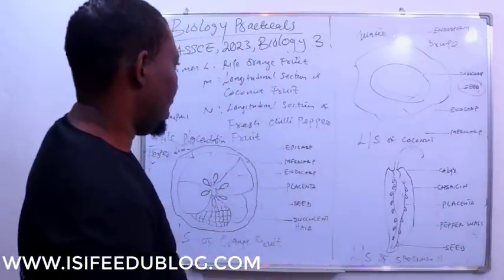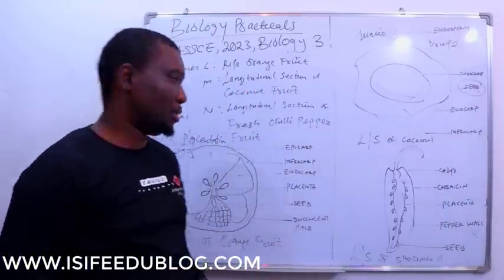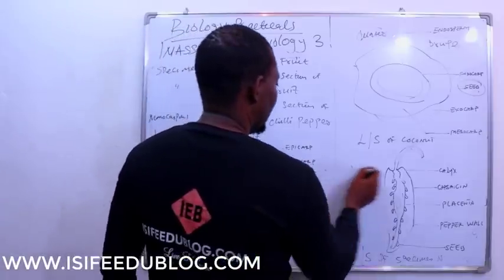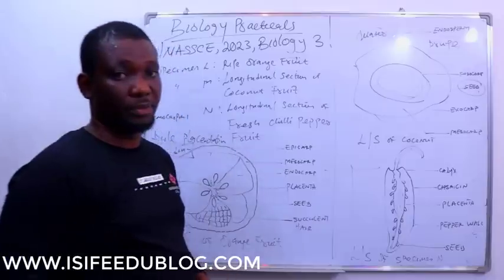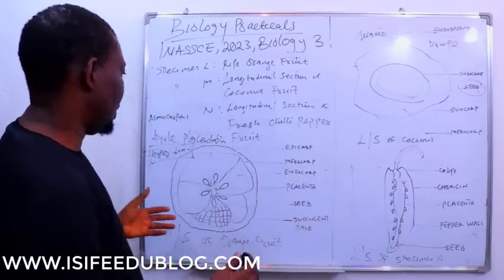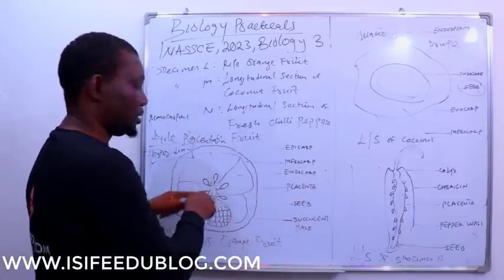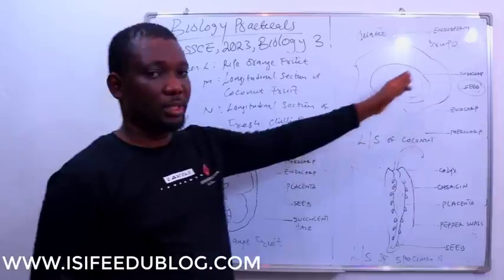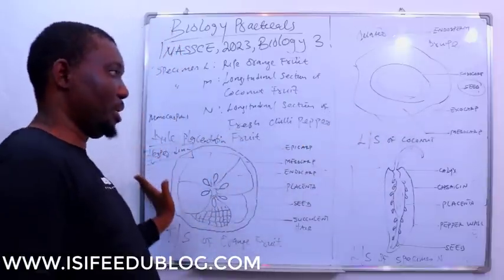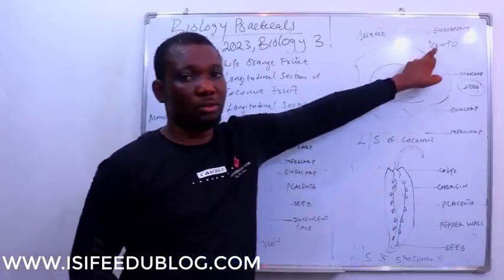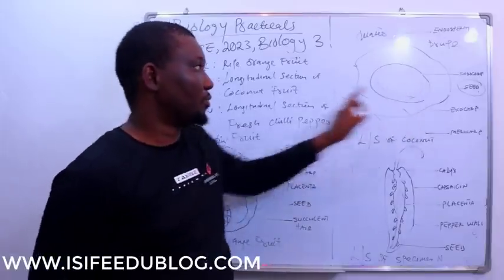When it asks for a comparison between these two, one is the structural difference. Looking at the parts, this has numerous seeds. You can see seeds are numerous here. This is just one seeded, so this one is a type of berry, basically Hesperidia. This one is a drupe, considering the number of seeds.